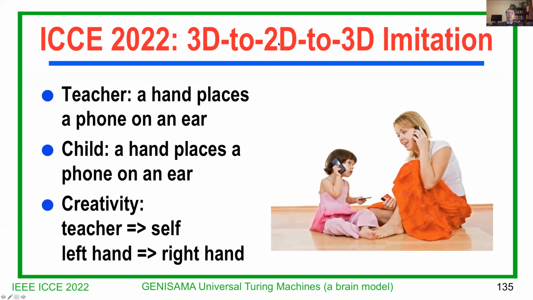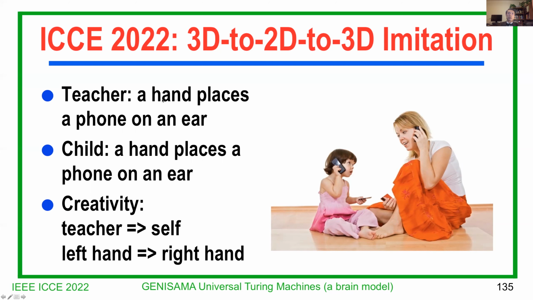You supervise the 2D motor. And then once the motor has a general sequence action plan, they execute it back in 3D. So you finish the loop from 3D back to 3D. And the theory is that imitation is general purpose, as we will explain here.